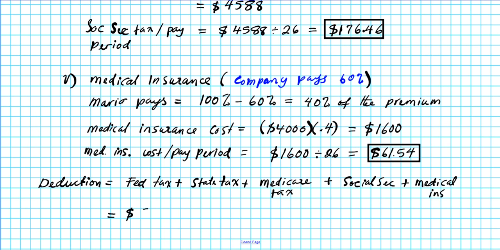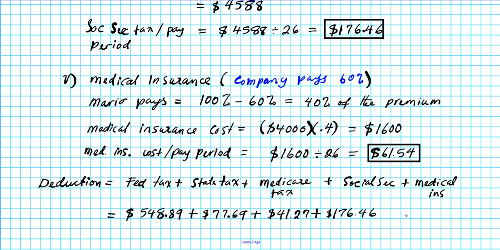So her federal taxes is $548.89. Her state tax is $77.69. Her Medicare tax is $41.27. Her Social Security tax is $176.46.